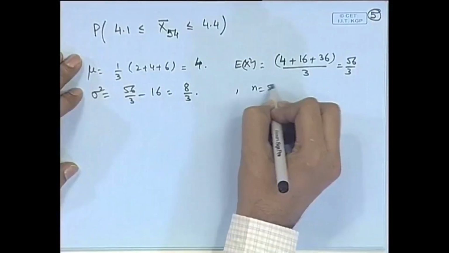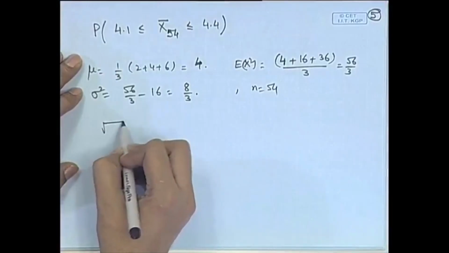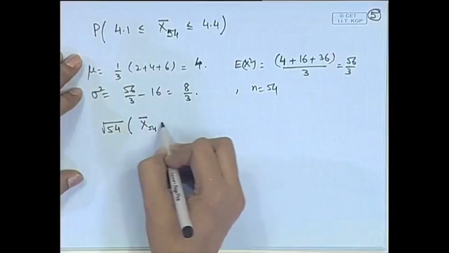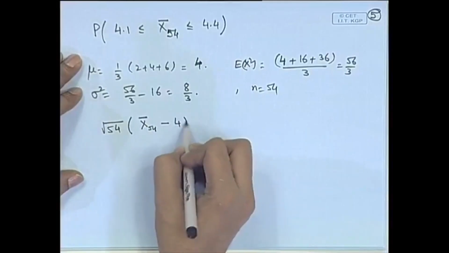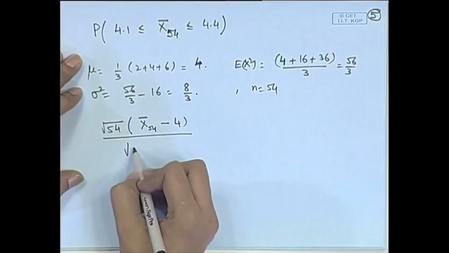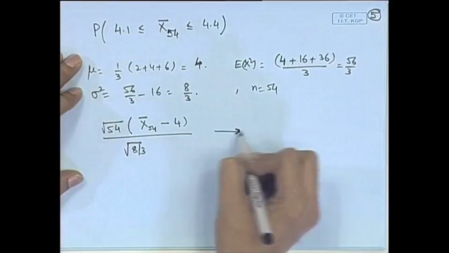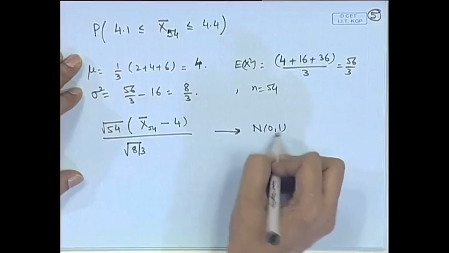So, we have the distribution of root 54 into X 54 bar minus 4 divided by root 8 by 3. This will be approximately normal 0, 1.